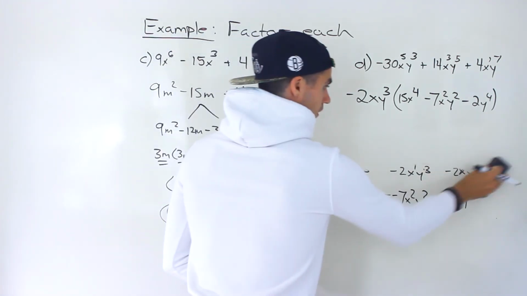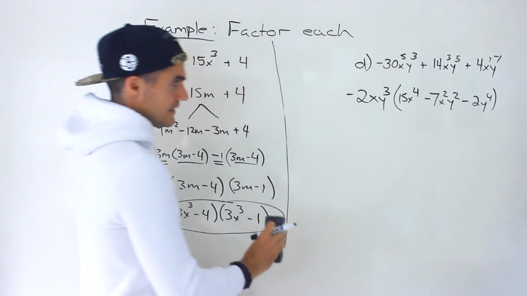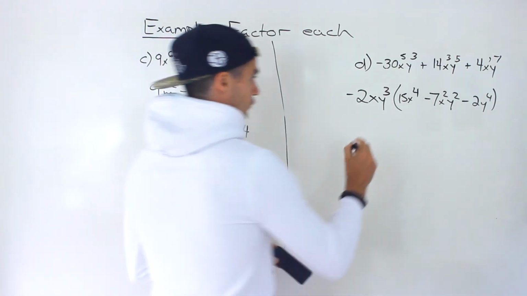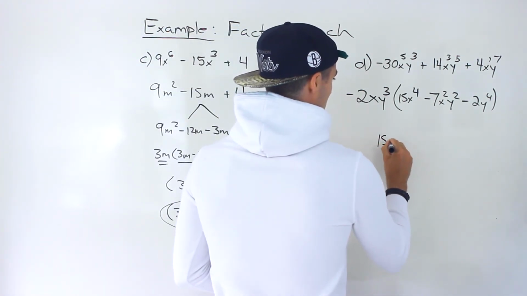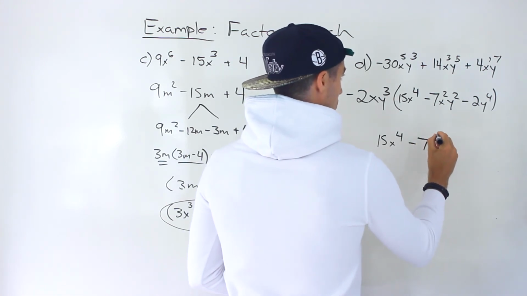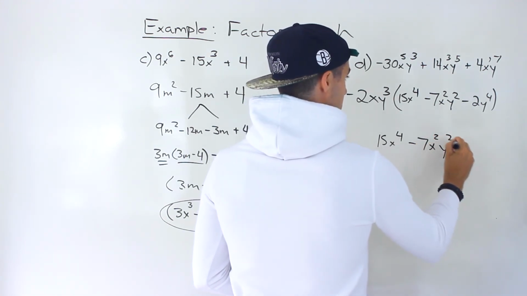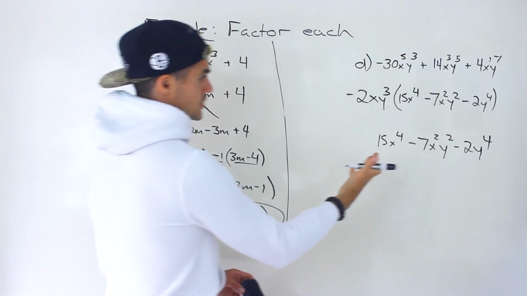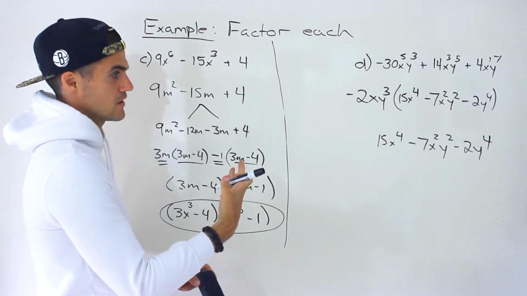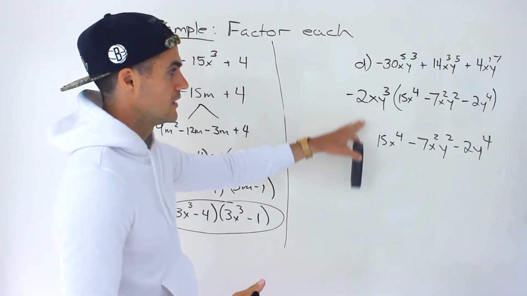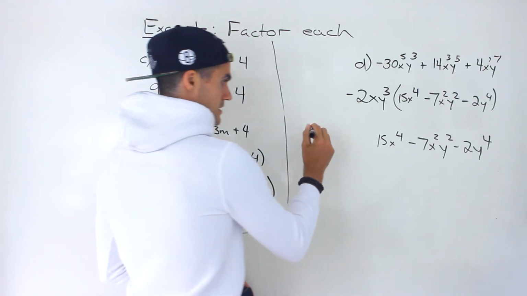Right? And then from here, as usual, let's see if that remaining bracket will factor further. And I'm pretty sure that it will. Okay, this becomes just like part B that we factor. So we can't take out any greatest common factor because we already did that. So let's see if this would factor by decomposition.